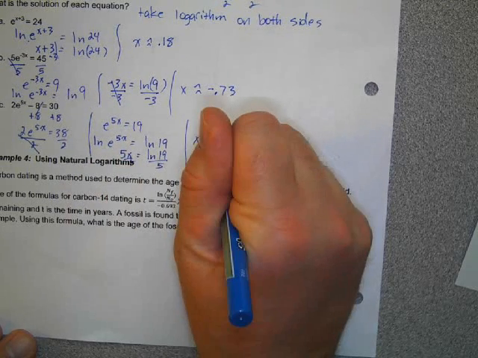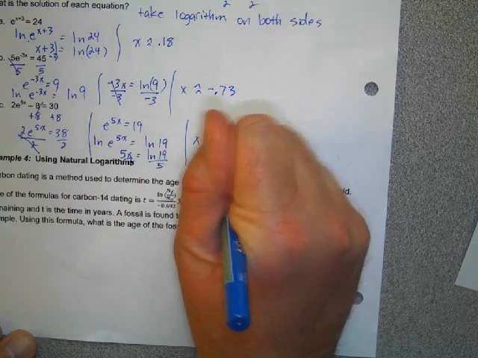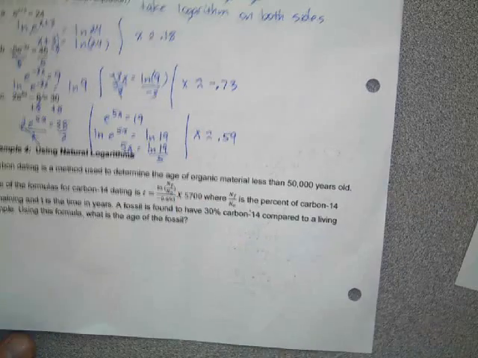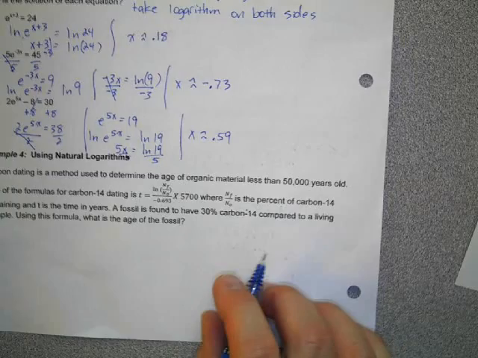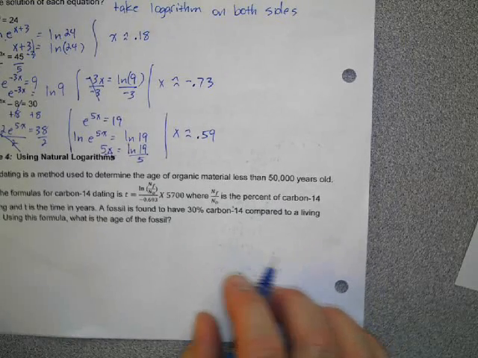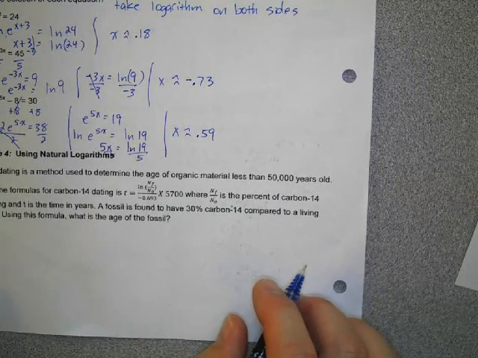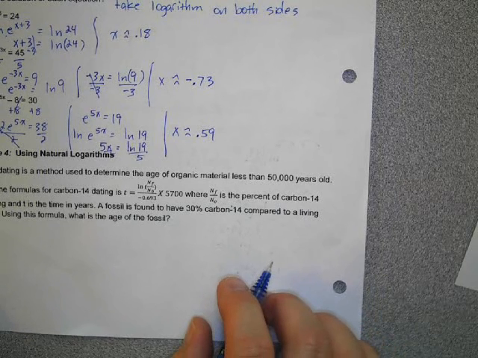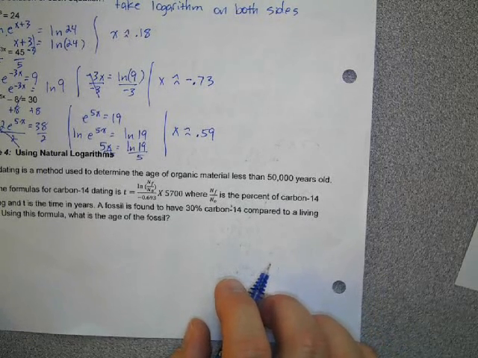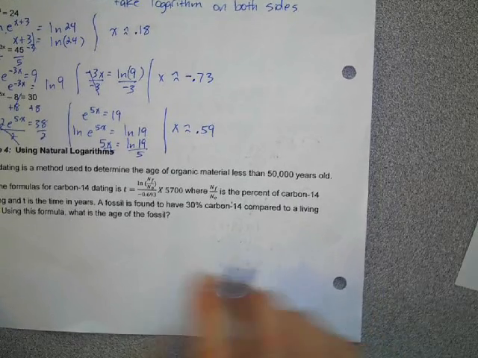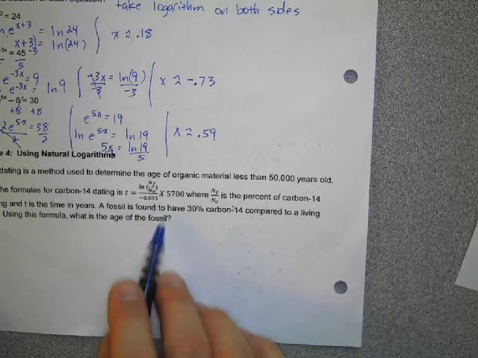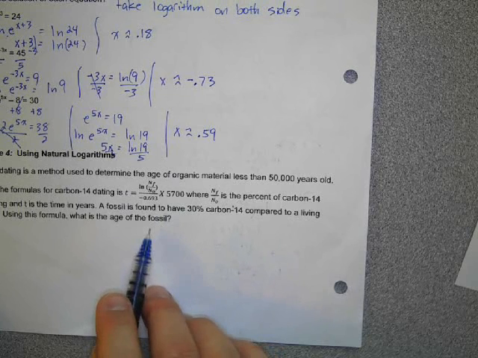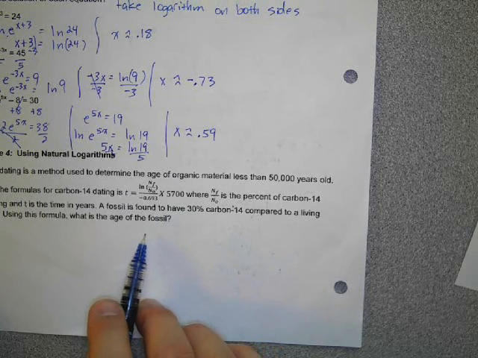The last thing we're going to look at here is an application for natural logarithms. One of the applications you might see this show up is with estimating the age of fossils. Using this formula here, if you're given a fossil's carbon-14 percentage, you can substitute that into the formula and get an approximate age for the fossil.